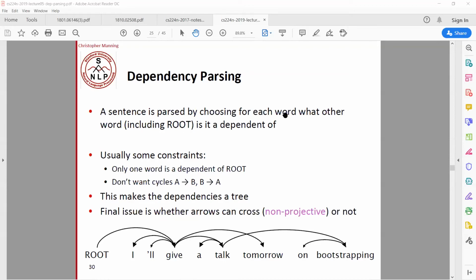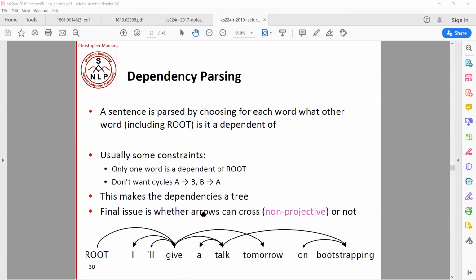And it's parsed by choosing for each word what other word it is a dependent of. Okay. Only one word is a dependent of root. So that's one of the rules, that the root can only point to one place. We don't want any cycles. So arrows can't come back around.